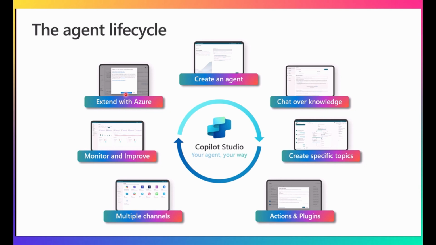You can unlock advanced AI capabilities, scale effortlessly, and integrate deeply with Azure services, making your agent even smarter and more powerful. And there you have it, the agent lifecycle. Microsoft Copilot Studio is designed to help you create agents that truly respond to your users, from scratch to deployment and continuous improvement. It's all streamlined for you.